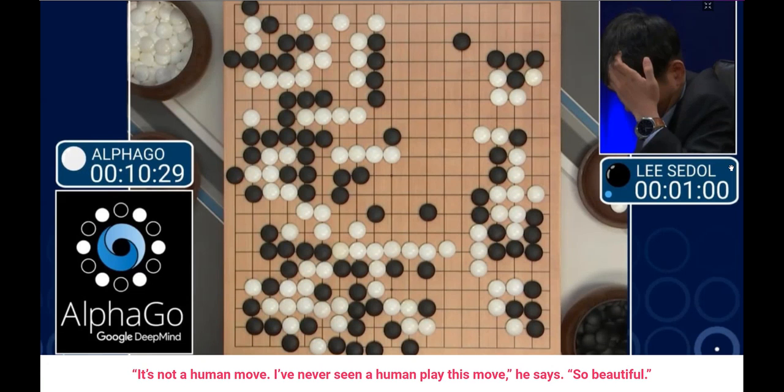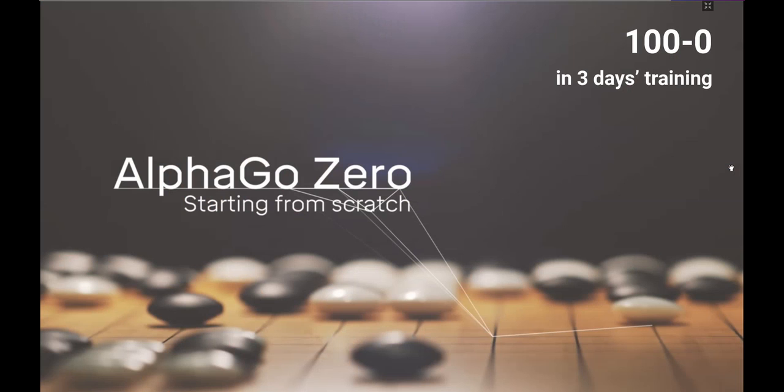And so it ended up playing certain move sets which eventually not only defeated Lee Sedol, but kind of astonished him, wherein at the end he ended up saying that the move AlphaGo had played was not a human move, and he had never seen a human play that move, and he found that particular move to be beautiful.